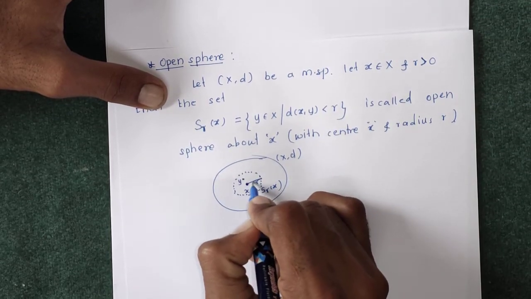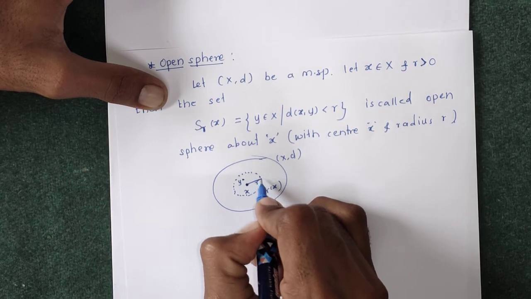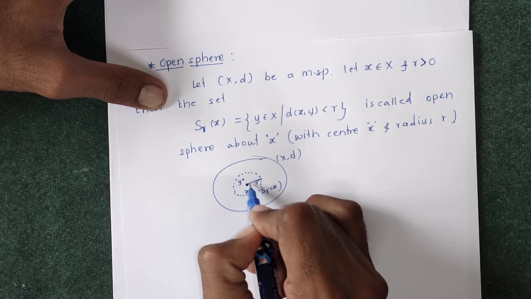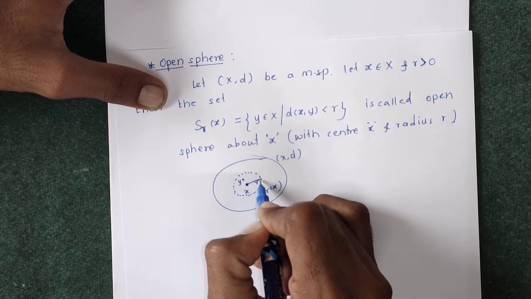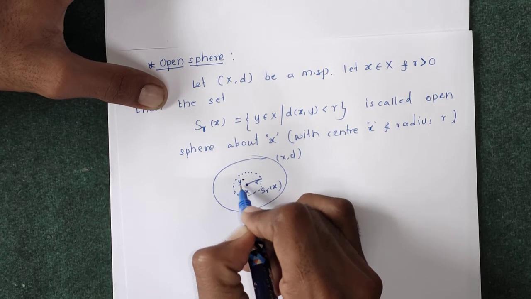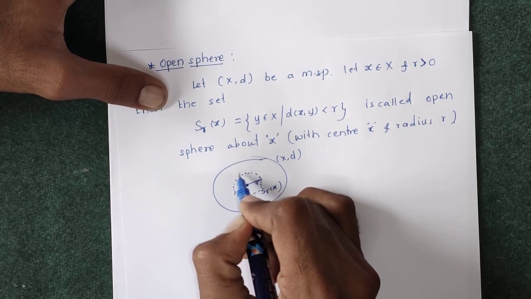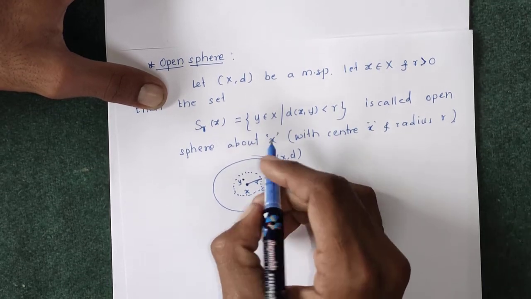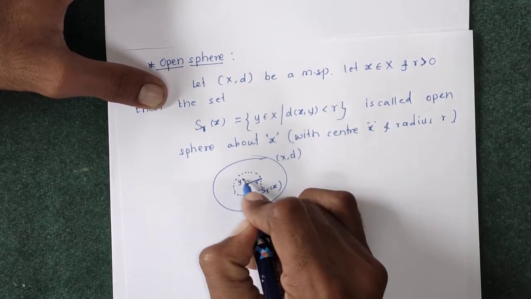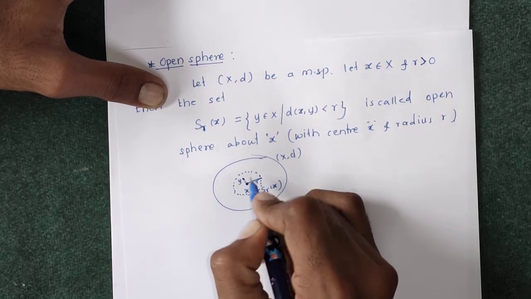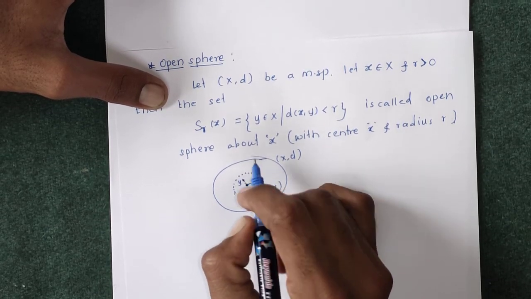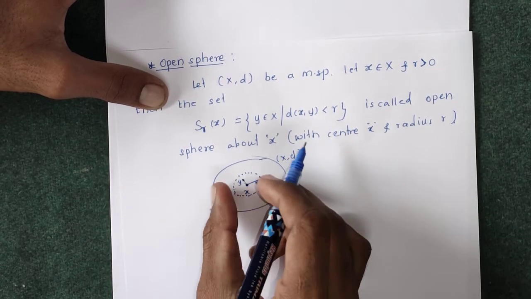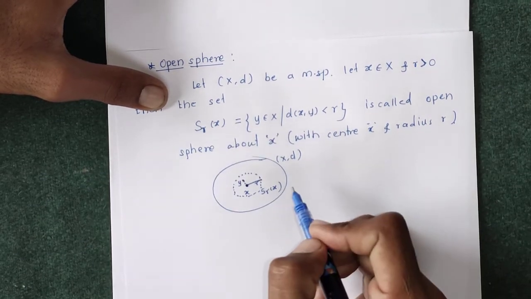So this is y, and the elements which form distance strictly less than r are the interior of this boundary. So I'm drawing this in a dotted way. Suppose y belongs to S_r(x) whenever the distance between x and y is less than r. Clearly these are all elements of S_r(x). That is, if we exclude this boundary, then the remaining interior elements are the elements of S_r(x).